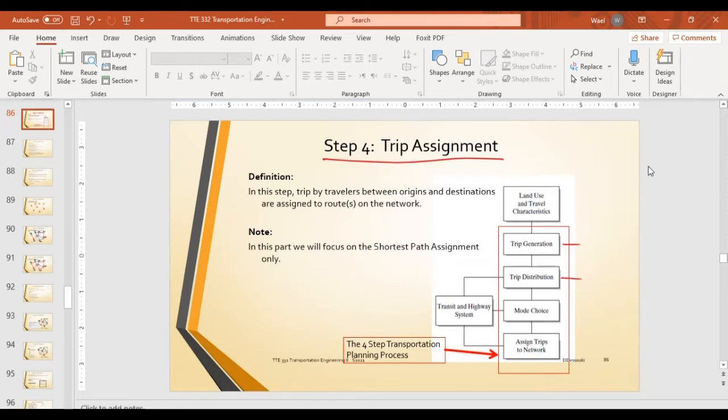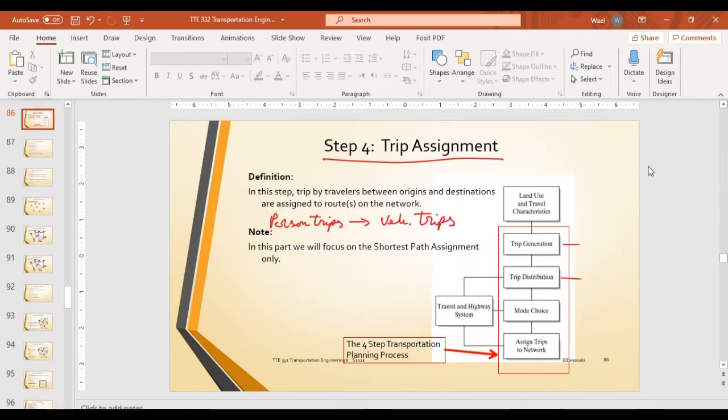Okay, so basically in this step, trips by travelers between origins and destinations are assigned to routes on the network. Basically we need first to convert person trips into vehicle trips.